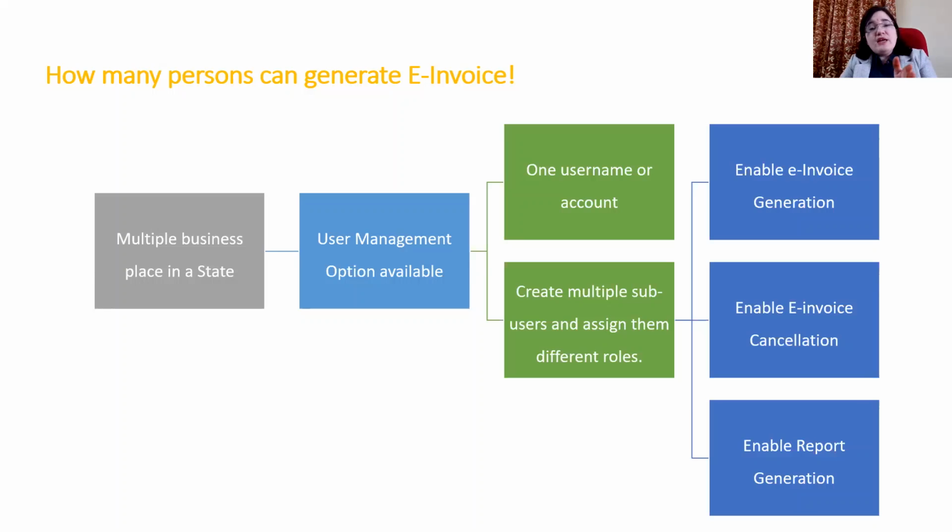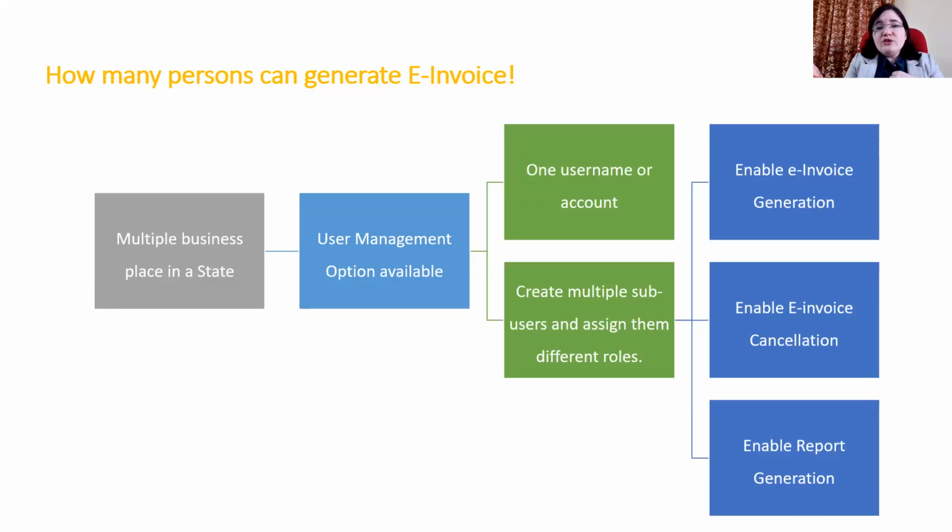In this functionality, one is the main user. Let's say I am the main user. Main user has complete access to the whole system, that is every tab. You can generate the invoicing, cancel the invoicing, or generate reports, etc. All tabs are available, and the main user can create sub users. I can create many sub users.